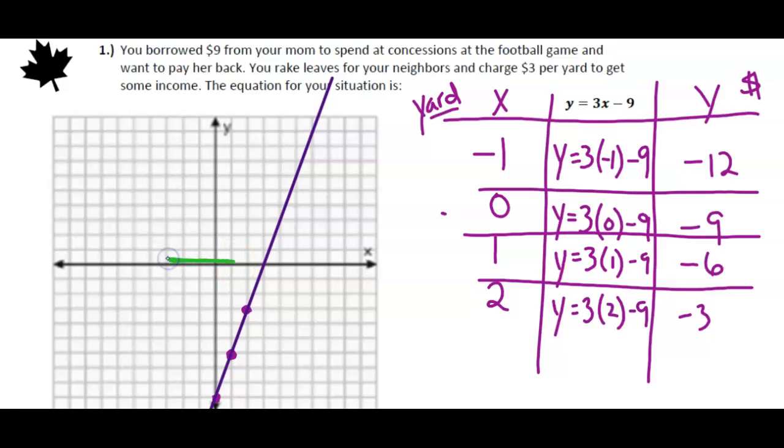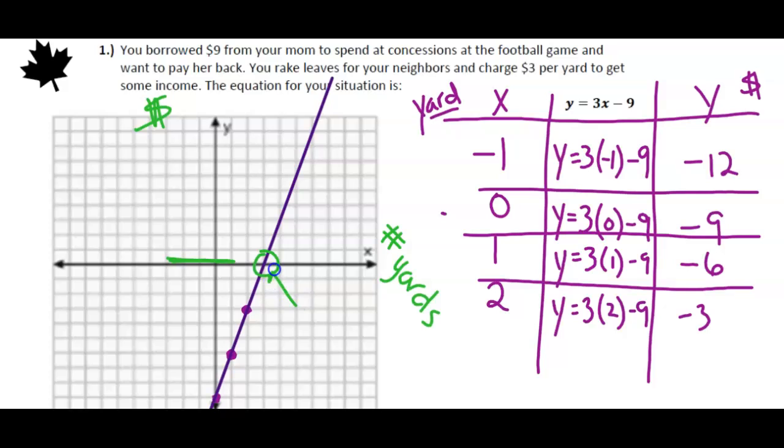What does my x-axis stand for? My x-axis, in this case, stands for number of yards that I've done. Okay? My y-axis stands for how much money I've made. All right. So here, right here, where the line crosses my x-axis, that number is at 1, 2, 3, comma 0.